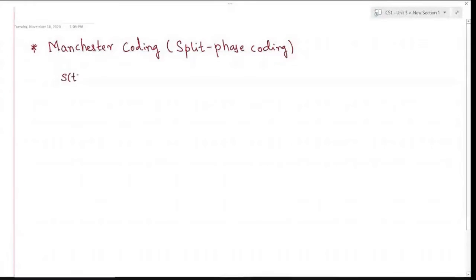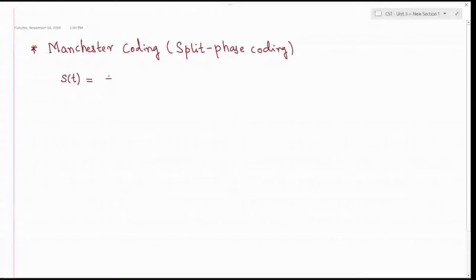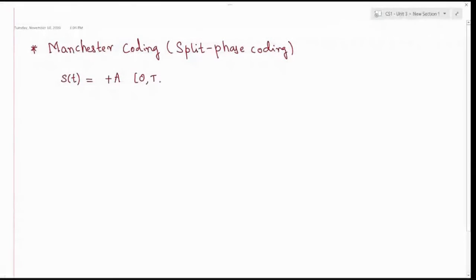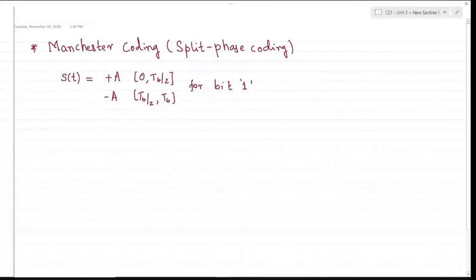The scheme here is S of t, which is plus A for only half the duration of the bit period and minus A for the other half, for bit 1 itself.